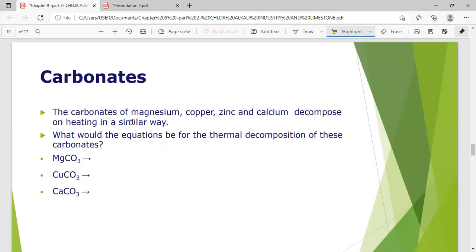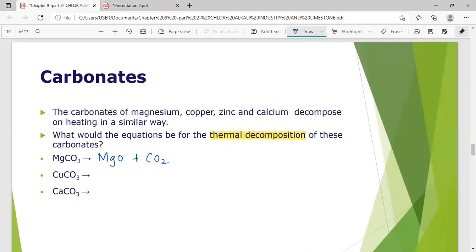Who can tell me what products are formed when magnesium carbonate is heated? The carbonates of magnesium, copper, zinc, and calcium decompose on heating in a similar way. The products formed are magnesium oxide and carbon dioxide.